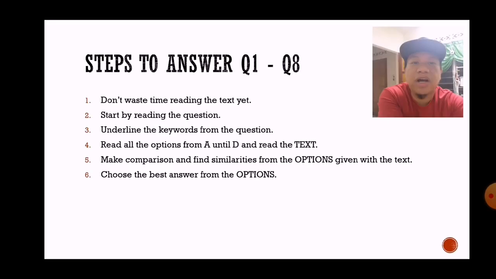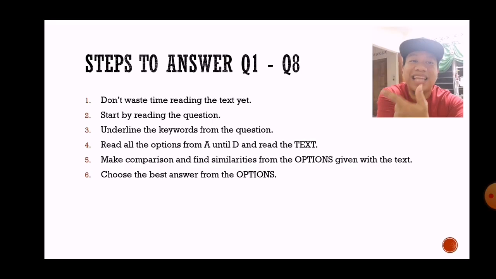So, step number 5, you need to make comparison and find similarities from the options given in the text. Just now remember I told you, you need to read the option. When you read the option, don't just simply read, you find the similarity in terms of the words given, or in terms of the synonym.